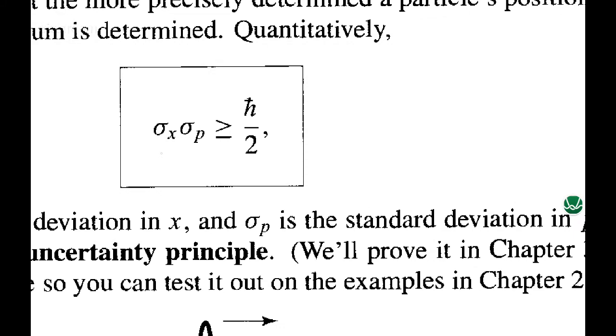So we have our standard deviation in x. That would be our spread of position. So how much is our position unknown? What's our uncertainty in our position? Times our standard deviation in momentum.